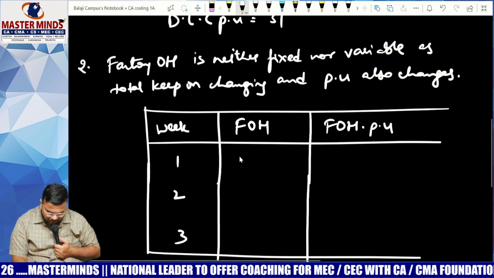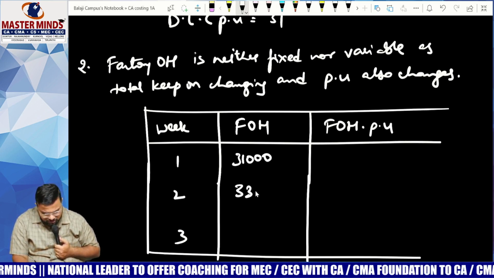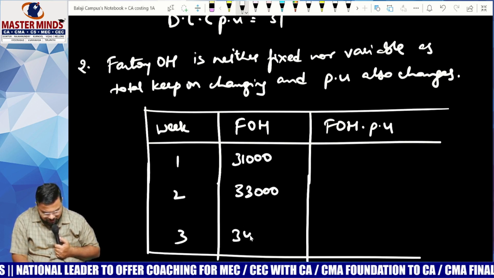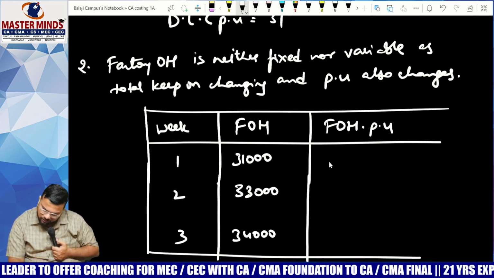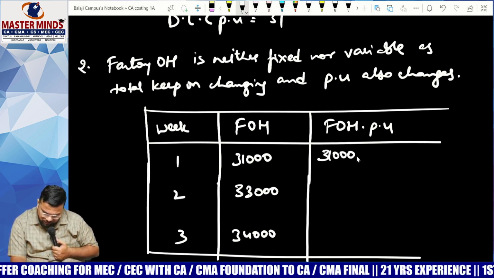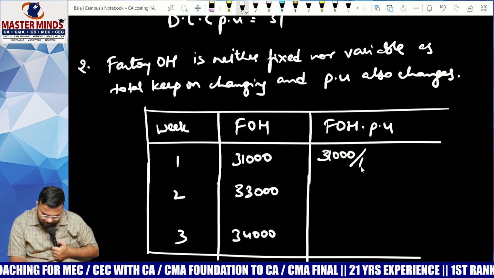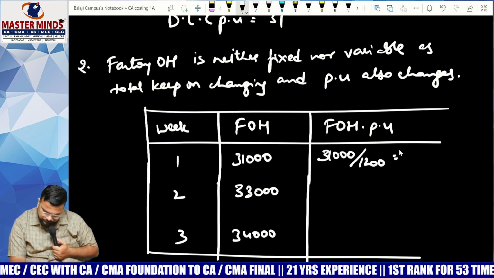Amounts: 31,000, next 33,000, 34,000. So totals are not the same. What about per unit? 31,000 divided by quantity. How much? 1,200. I missed the total quantity column.